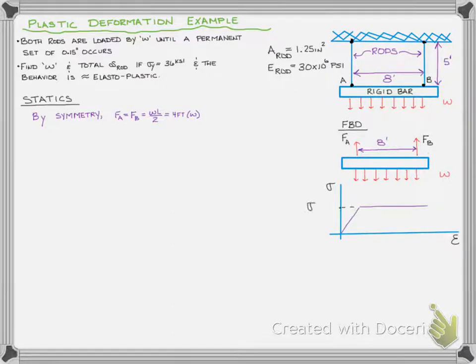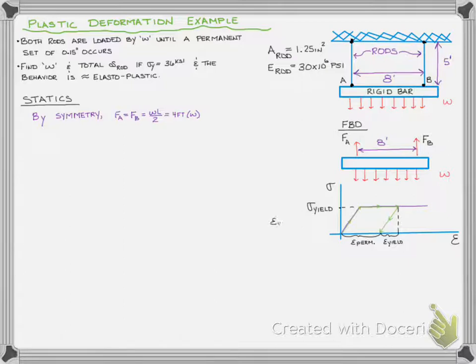It's going to be a flat curve. We're going to peak at sigma yield, which we know is 36 ksi. We say that we load this, and then at some point we unload, and we're left with this permanent strain, and a yield strain that is an elastic amount that we get back.